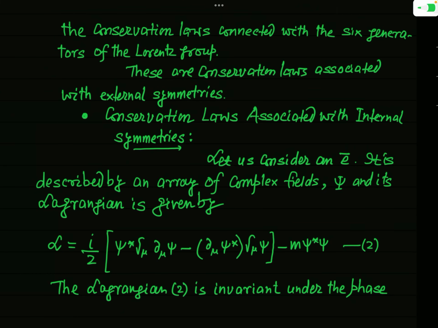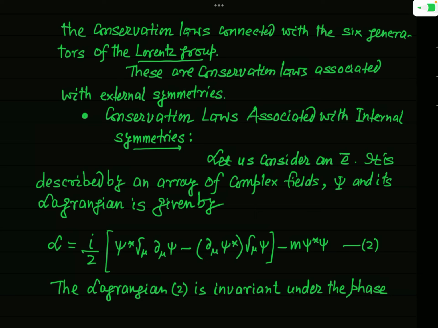So I was telling you that the Lorentz group has 6 generators, and when you consider that absolute velocity is a non-observable, then that symmetry leads to the conservation laws corresponding to the 6 generators of the Lorentz group.